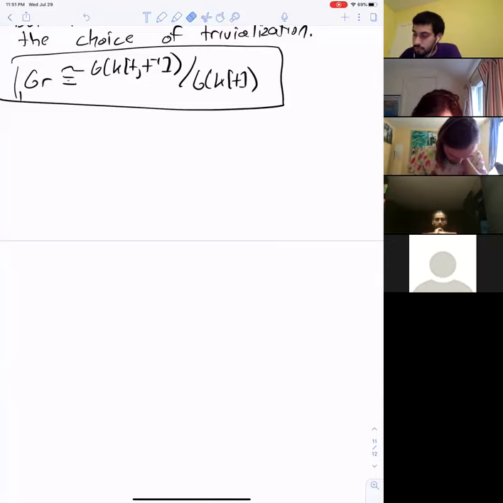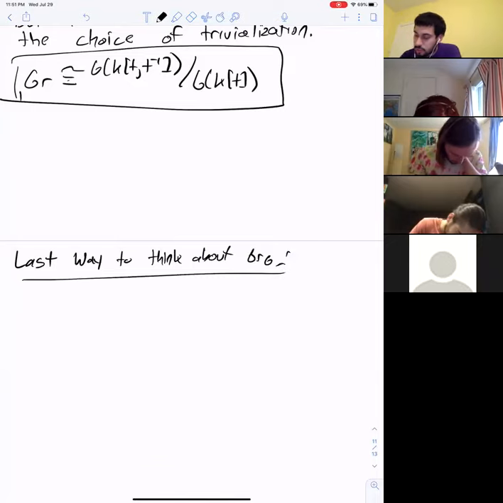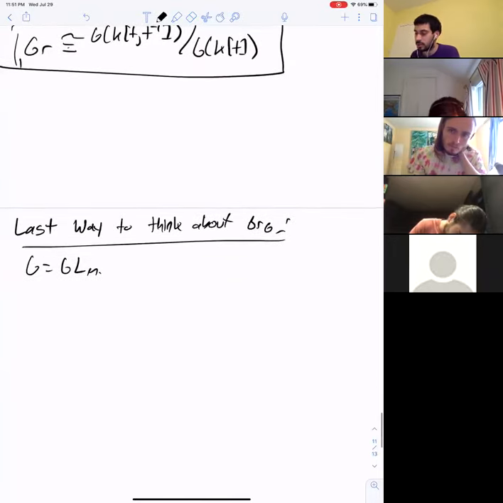Okay, so I'll just say this one's short, and this one is not relevant to geometric Satake. But last way to think about GRG. This way is only going to apply to G equals GLN. I'm pretty sure I could apply it to other matrix groups, but it's going to be needlessly complicated.